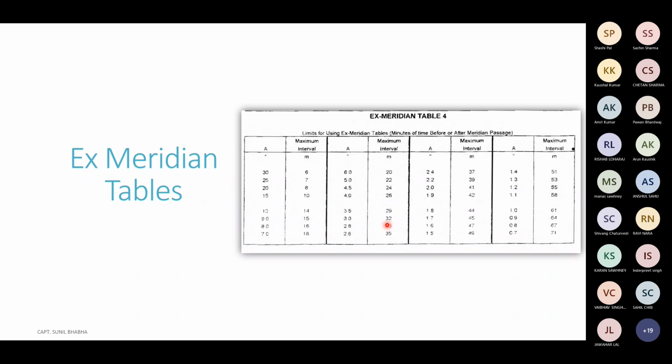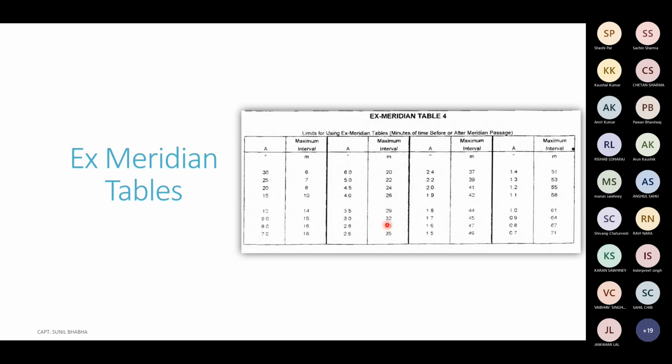If the time has gone outside this window, let us see, it is 12:33 now. So it has gone outside the X meridian limit. This is known as the X meridian limit, in short also known as EML. If the body or time has gone outside the X meridian limit, then this method is not recommended.